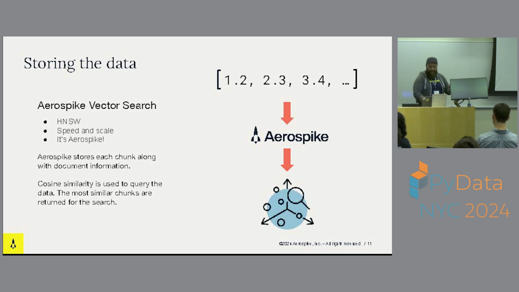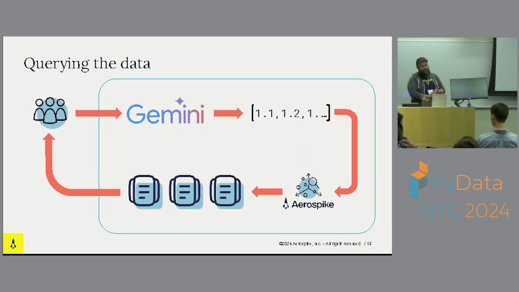Okay, all right, we're going to move quick. We've got 10 minutes. So, querying the data. We're taking a user query and putting it through Gemini's embedding model. We then search the database and get the documents, and they come back as a sorted set, so we know the closest is at the top, and as we get lower and lower, we won't really care.